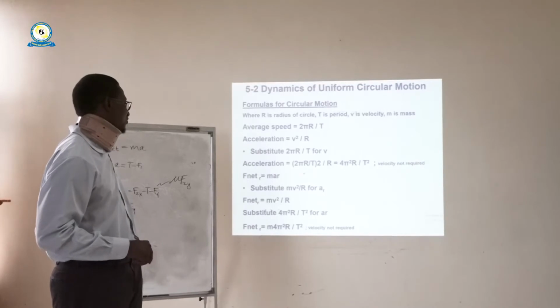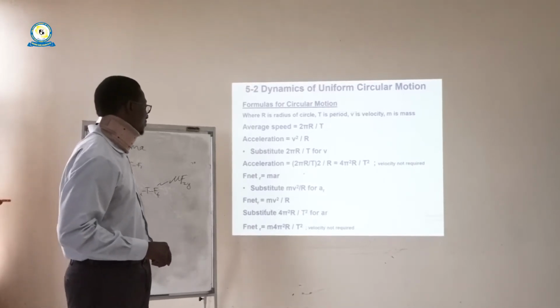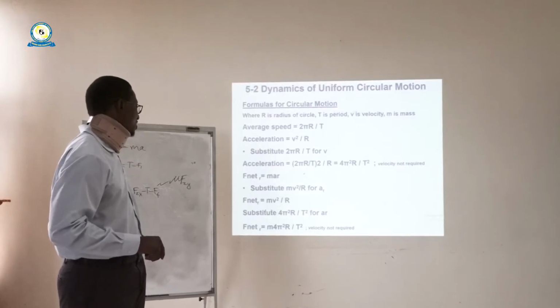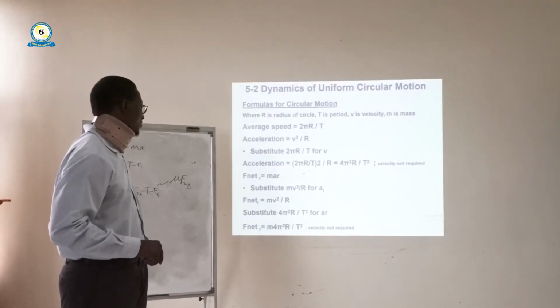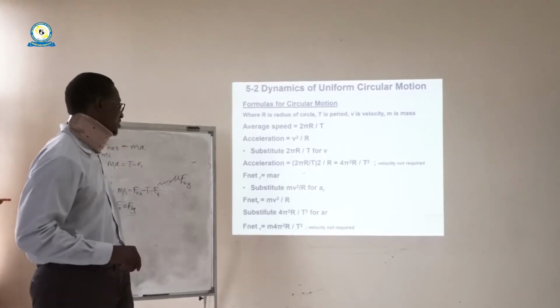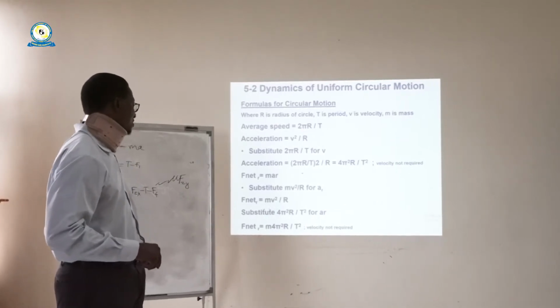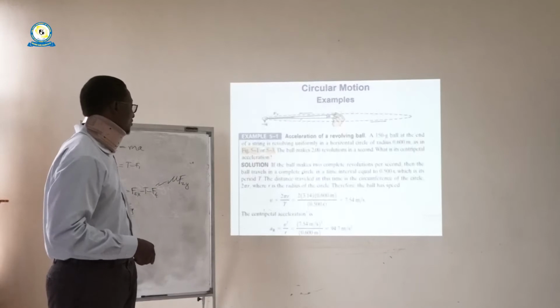This is the net force. And when you are given the period, you can substitute there this formula for a_r, the acceleration toward the center. This is centripetal acceleration. For net force, you get that formula.